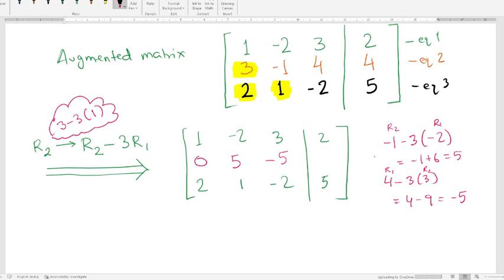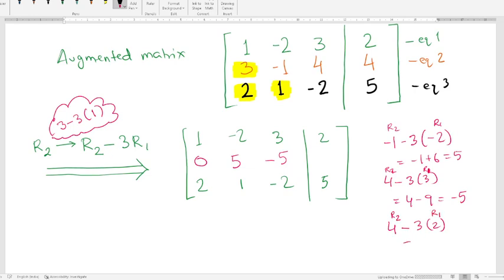Now we look at the last column. In the last column, we have got 4 minus 3 multiplied by 2. For that, you have to look at the previous matrix, correct? In the previous matrix, in the last column, the R2 value is 4 and the R1 value is 2.